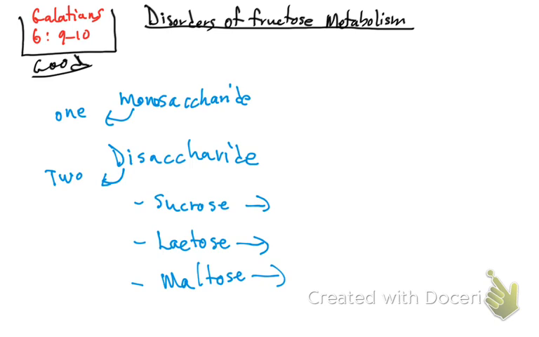So that means that those two need to be split by enzymes. And how does that happen? First, we always need glucose, because it's the most absorbable and easy sugar that our body can absorb. For this reason, all those disaccharides are always going to have glucose.